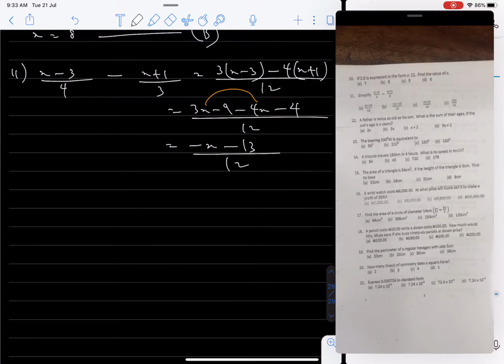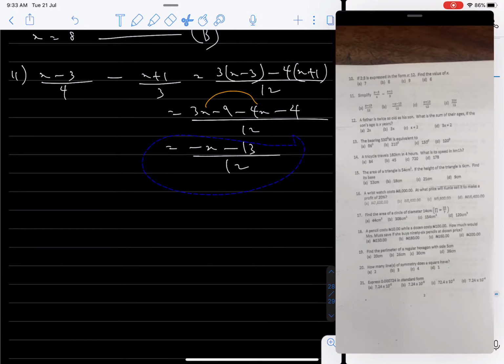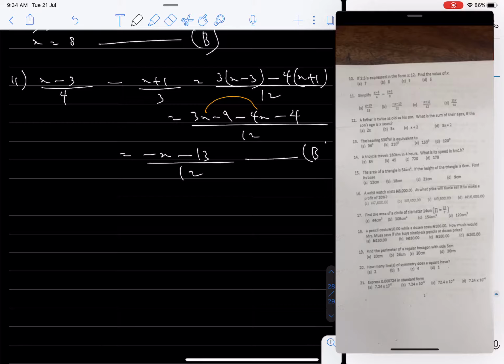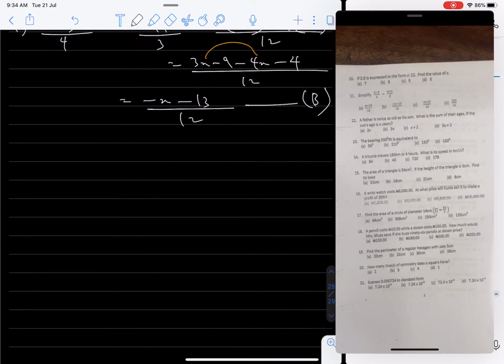And that's the correct answer, minus x minus 13 over 12. The correct option is B.